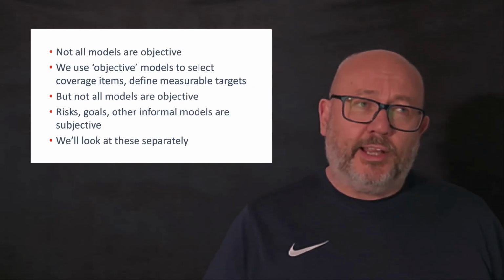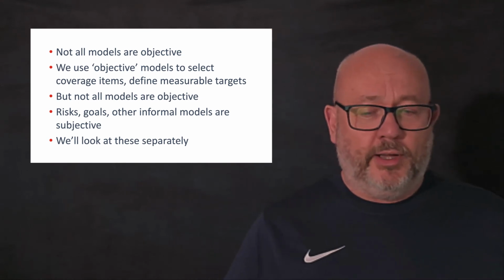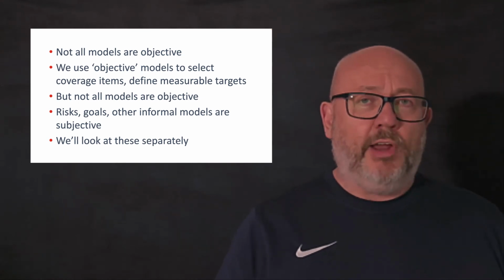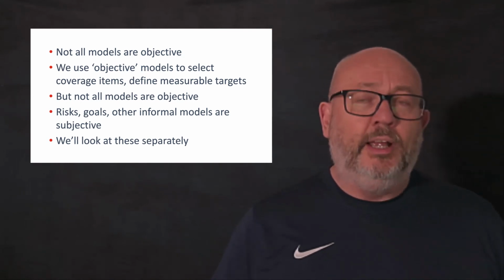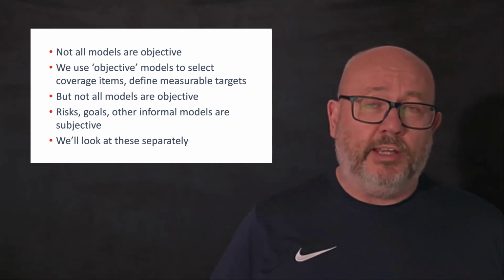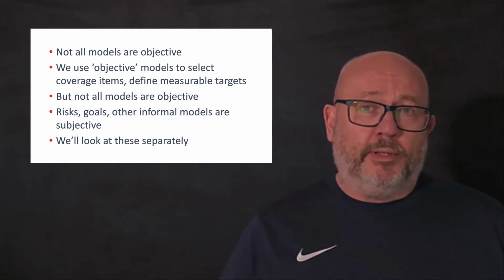Now, one last thing I want to mention is if we use models that are, let's say, graphical, and we can identify things on those graphical models to cover and thereby set a coverage target, I would say that those models are objective.